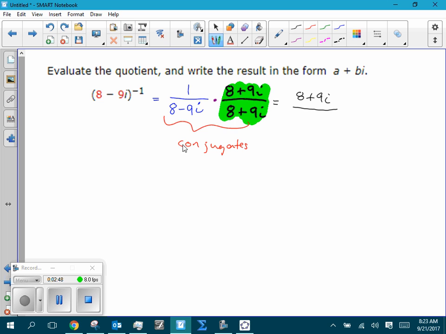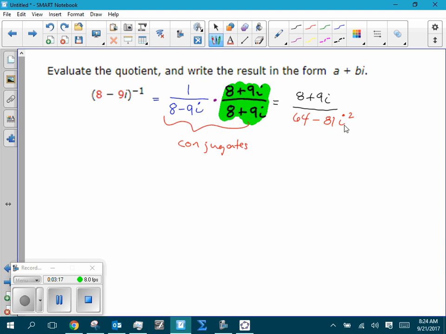And with conjugates, when we multiply a binomial by a binomial, we're FOILing, right? The O and I terms end up being additive inverses or opposites. So I don't need to really multiply O and I, because I know they're going to cancel out every single time. So 8 times 8 is 64, and then 9 times 9, and one of them is negative, so negative 81 i squared.